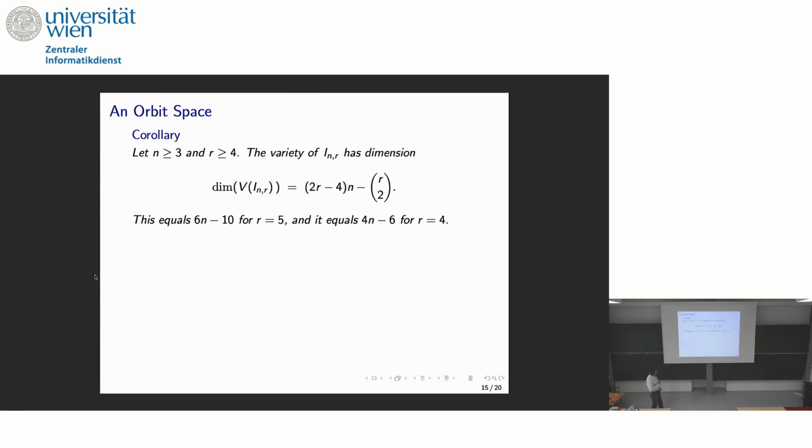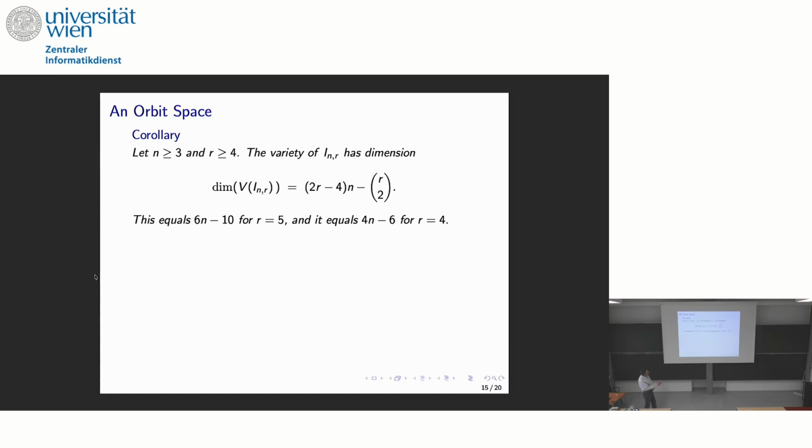Now, the first question, of course, is always, what is your dimension? How many degrees of freedom do you have, right? So if the number of fields is at least 3 and R is at least 4, then this irreducible variety has dimension (2R minus 4) times n minus the dimension of the orthogonal group. So for example, if R is 5, in the cosmological situation, it's 6n minus 10.